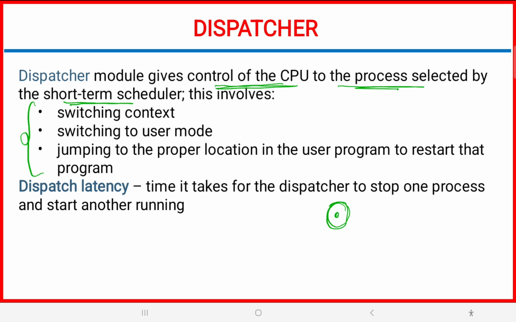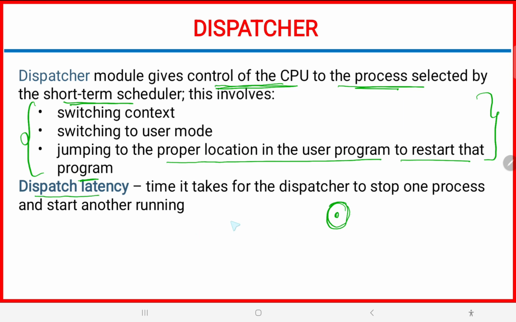And this involves jumping to the proper location in the user program to restart that program. Basically, suppose that process was earlier also executing and it was stopped in between, and now it has to continue from the place from where it left. So in that case, the execution has to begin from that proper location from where it left. All such things are involved, and this dispatcher module is basically handling such things.